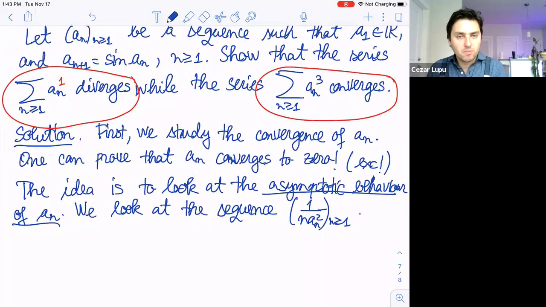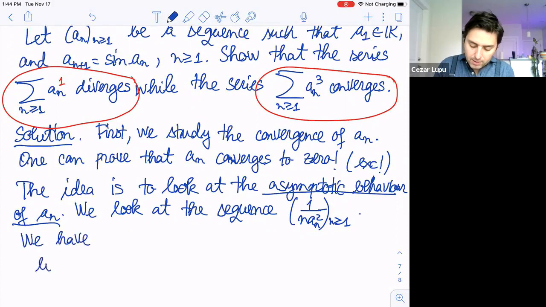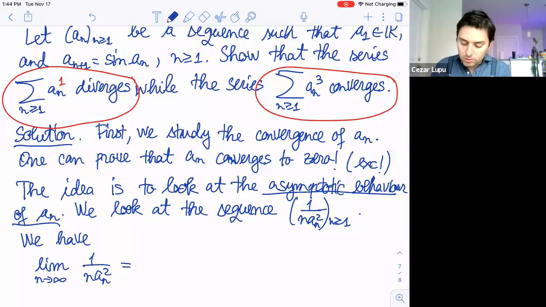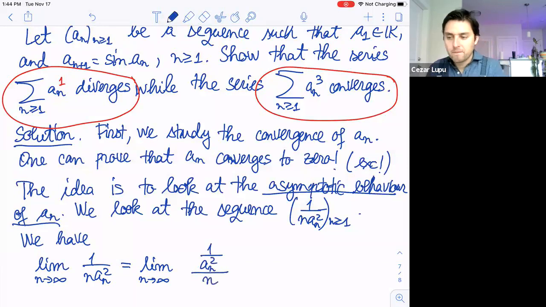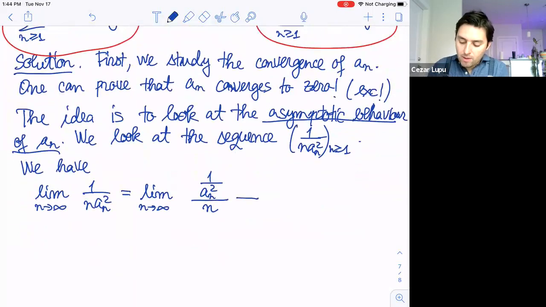In fact, at the limit of this sequence, to be more exact, we have the limit as n approaches infinity of 1 over a_n squared over n. Right? And now, since a_n converges to 0, 1 over a_n squared will diverge to infinity. So I have infinity over infinity.